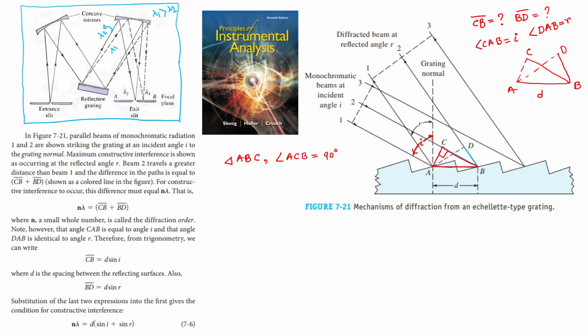And this angle, whatever I draw, is also 90 degrees, and this angle is I. So what is this angle? This is 90 degrees minus I.